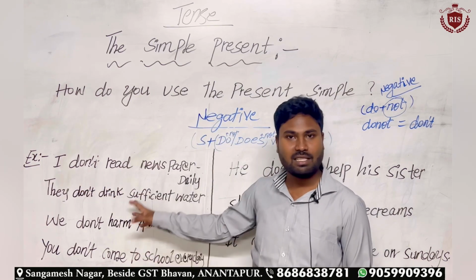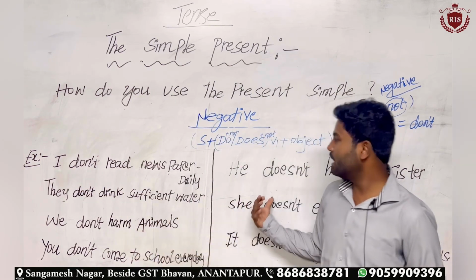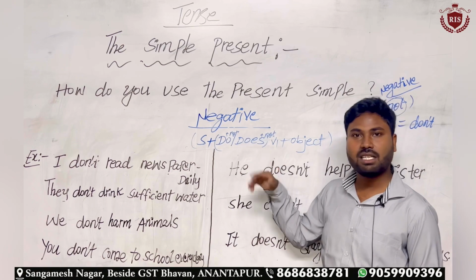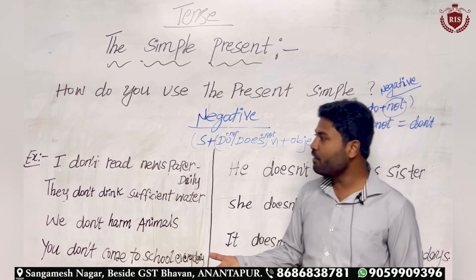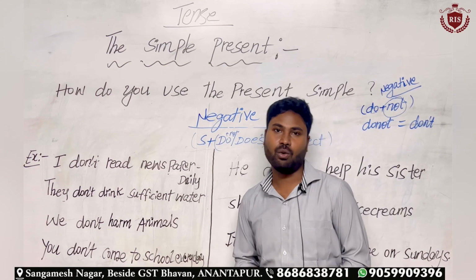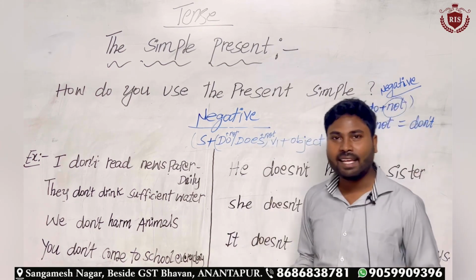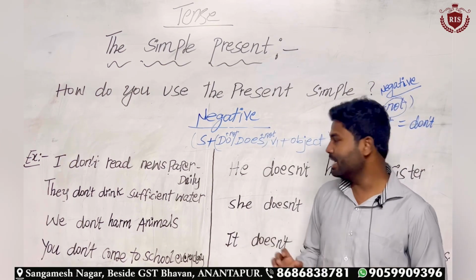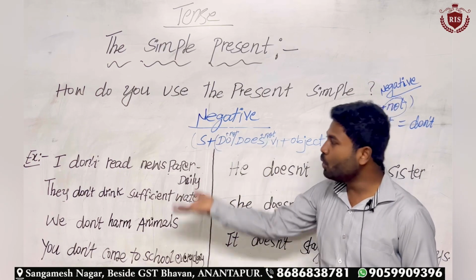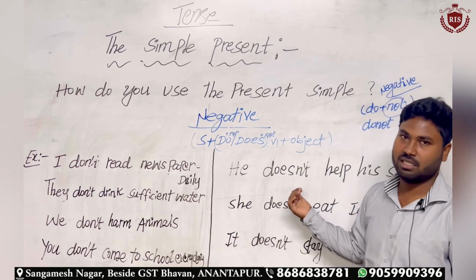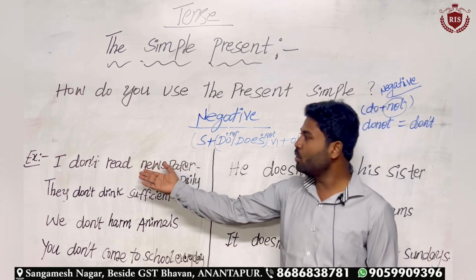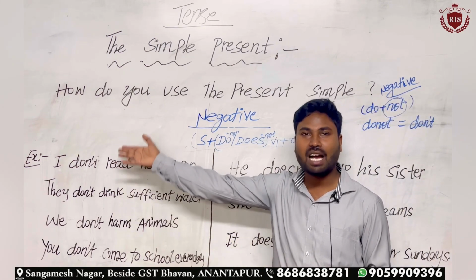I hope everyone has understood this and this, and if you follow this structure, you will be able to frame a number of negative sentences on your own. The only thing that you need to remember is don't and doesn't. When do we use don't and when do we use doesn't? It is very simple. Don't is used for the pronouns I, you, we, they.